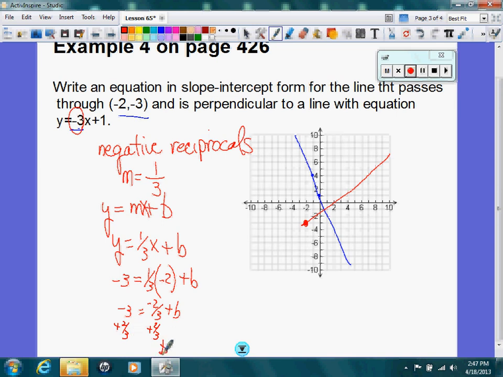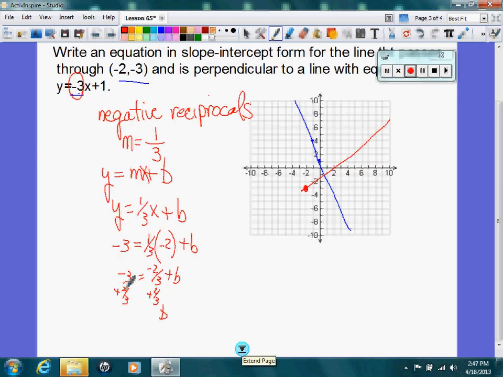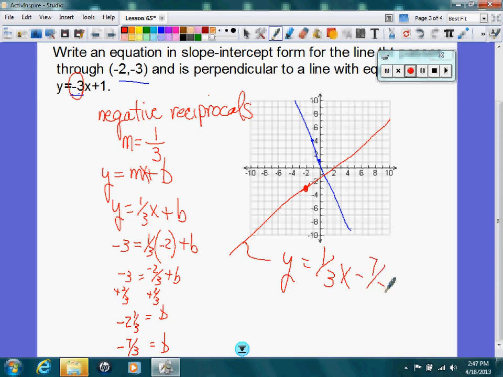Then b would be equal to -3 plus 2/3, which is -2 1/3, or we could write that as -7/3. So the equation of this line would be y equals 1/3 x minus 7/3.